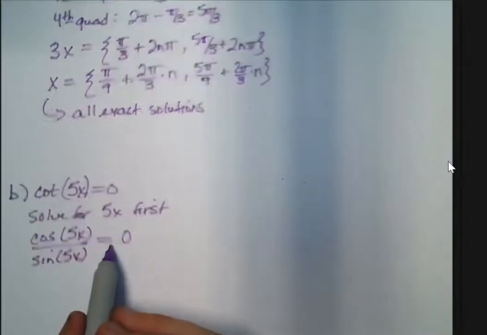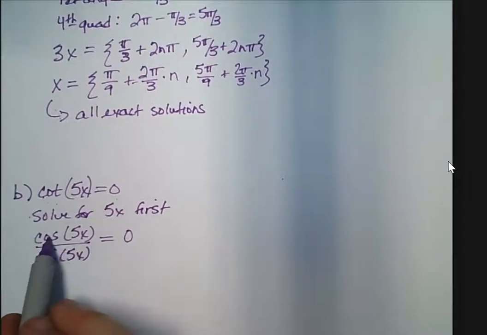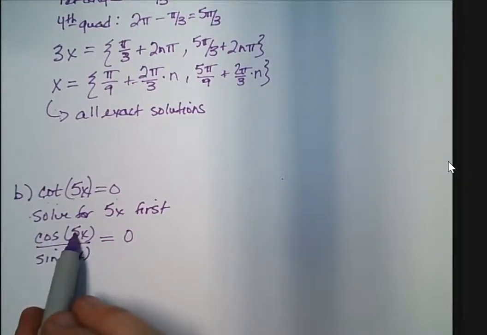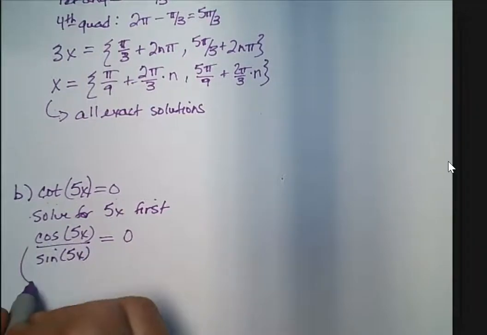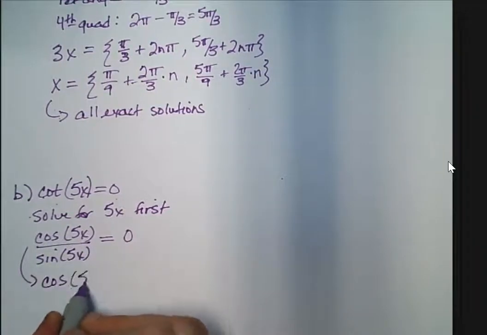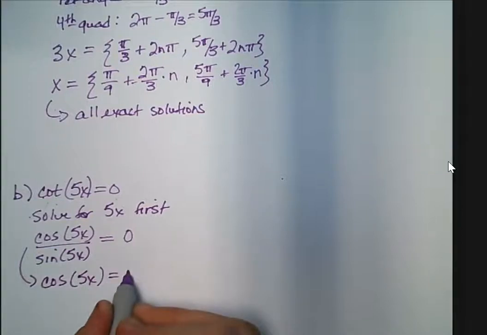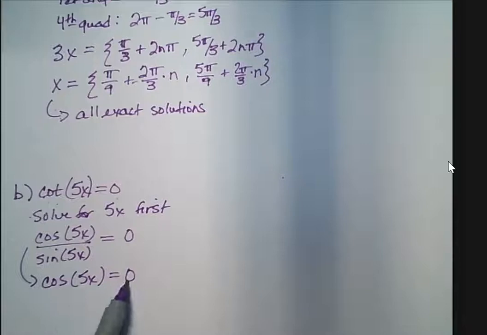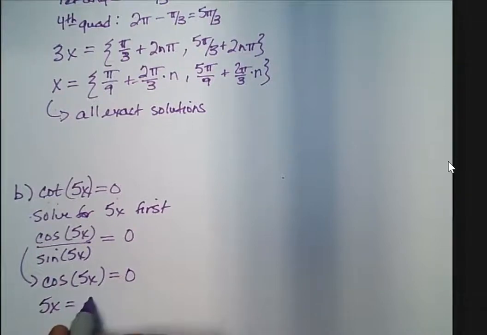The only way that this can possibly happen is if the numerator of this is equal to 0. So really we can simplify this down to just looking at where cosine of 5x is equal to 0. Well, where cosine is equal to 0, if we're talking in radians, that would mean 5x would have to be either pi over 2 or 3 pi over 2.